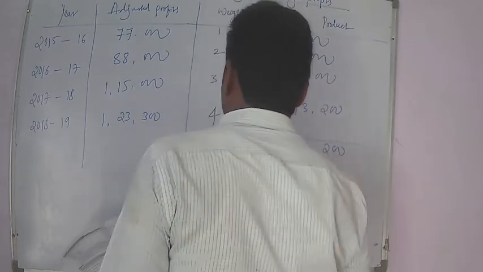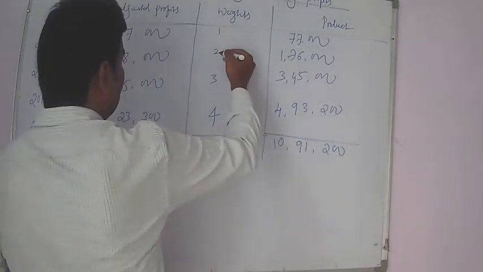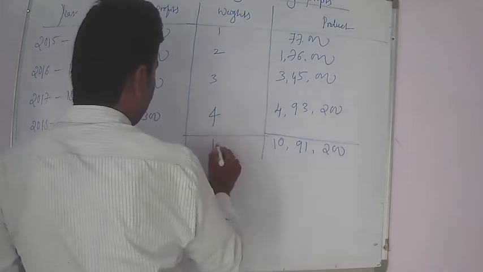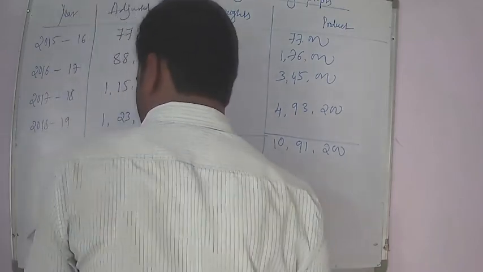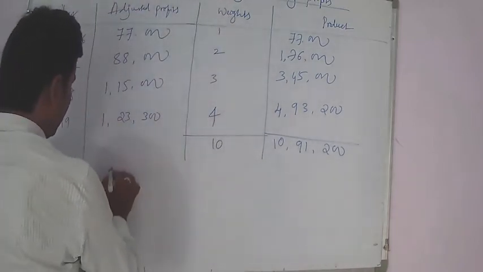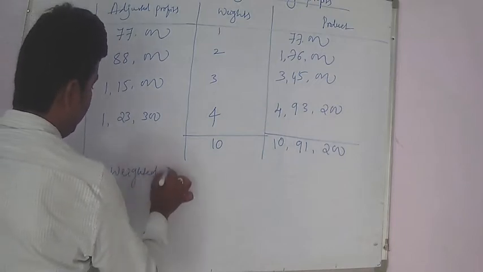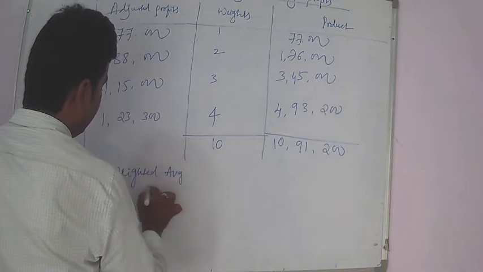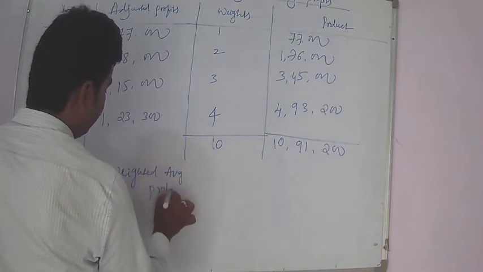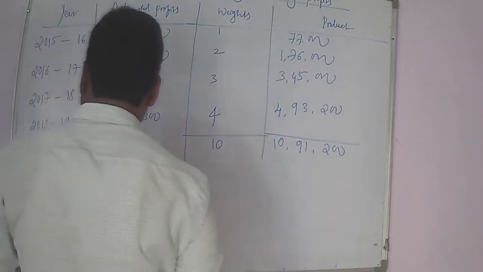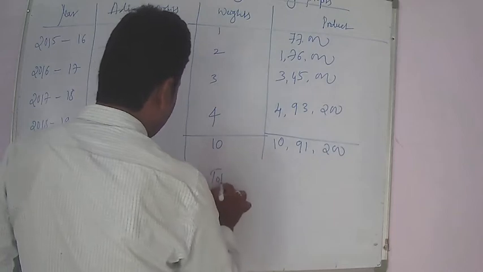And the total of these weights, 1 plus 2 plus 3 plus 4, total is 10. So weighted average profits is equal to, there is a formula, total product divided by total weights.